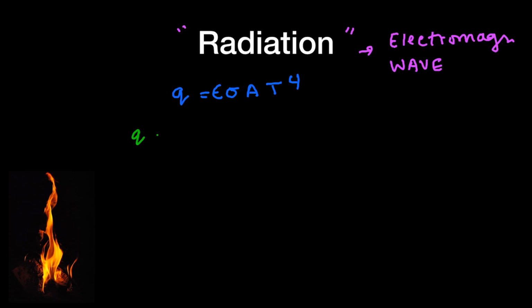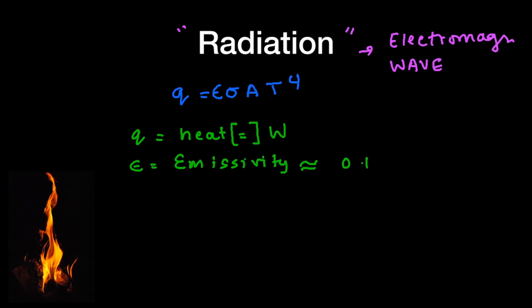So Q in this case is heat. Same thing like we had before, and it's in watts. E is the emissivity of the surface, and it's unitless, but it goes from 0 to 1. Just know that this one relates to a black body, right?